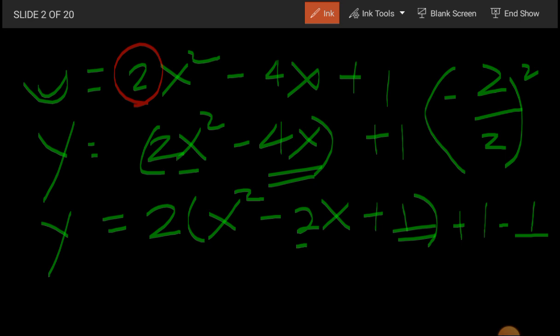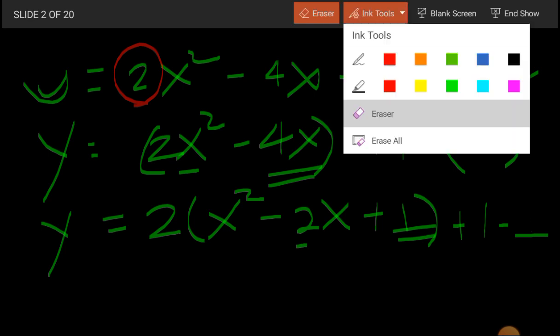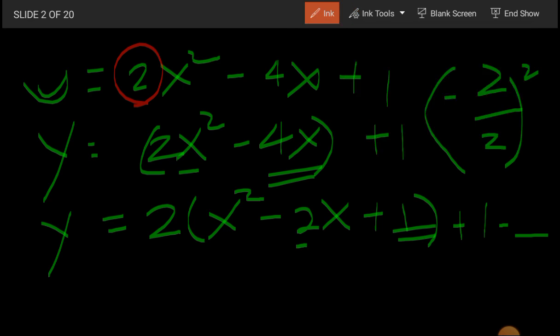Oh no, it's not 1, sorry. This part is of course affected by our factored out term, which is 2. So 2 times 1 is 2, so negative 2 is what we put there.